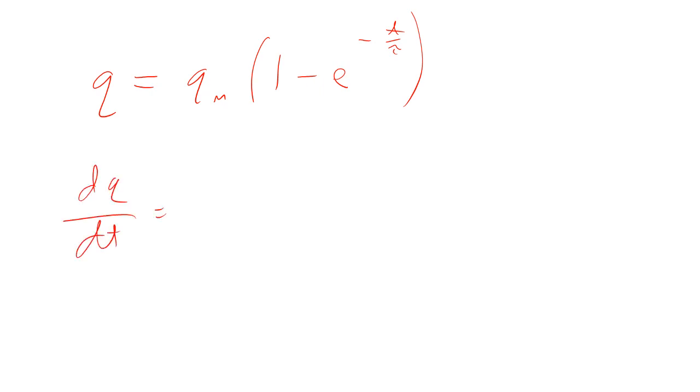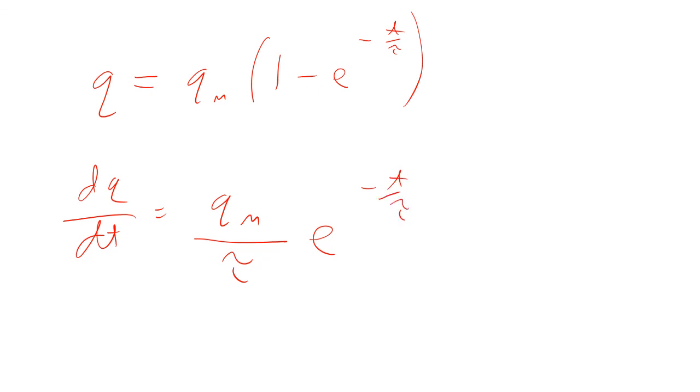Because we said that the Q here, the charge that's on the capacitor, is Q max times 1 minus E to the minus T over tau. You take a derivative of that, dq dt, and that's going to be Qm over tau, E to the minus T over tau.